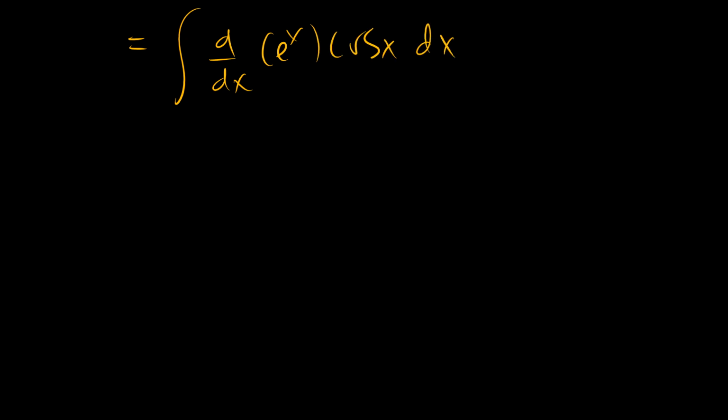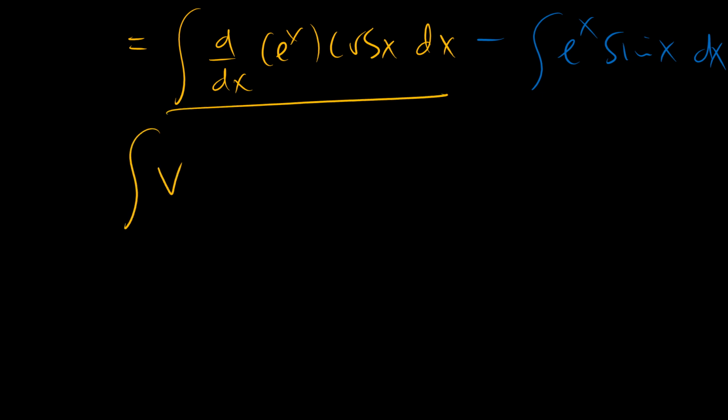So if our problem is the integral of the derivative of e to the x cosine x dx, and then minus e to the x sine x, we can now focus on this part, and we can use integration by parts.